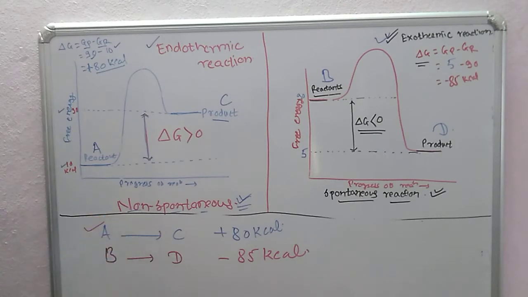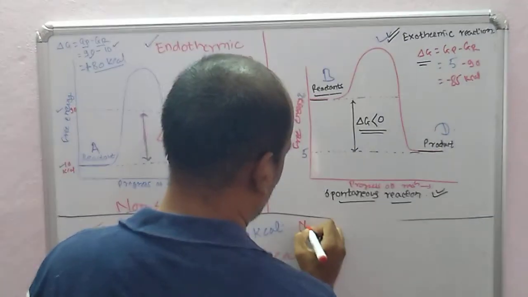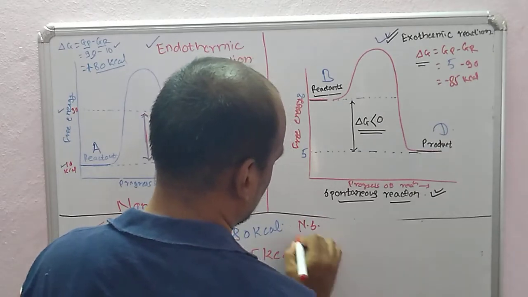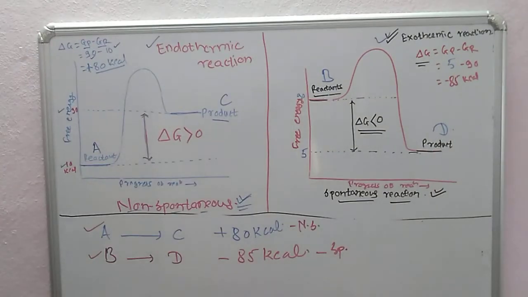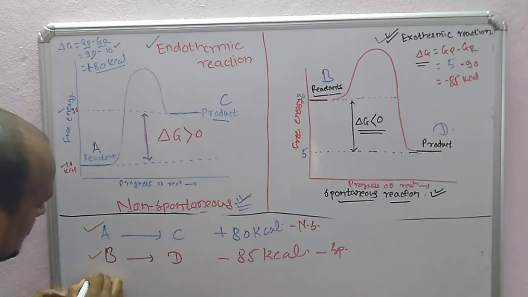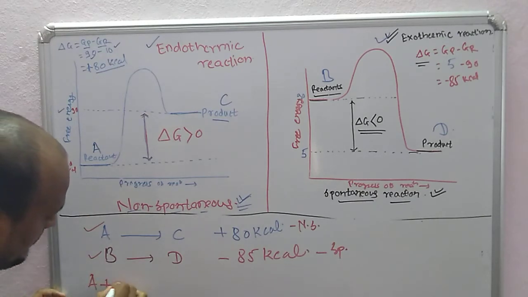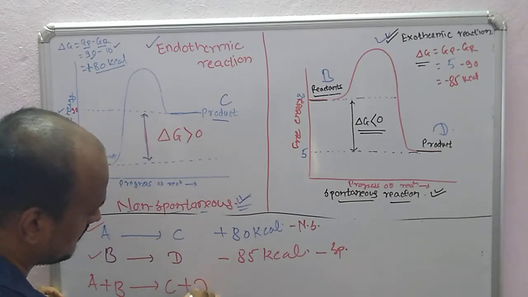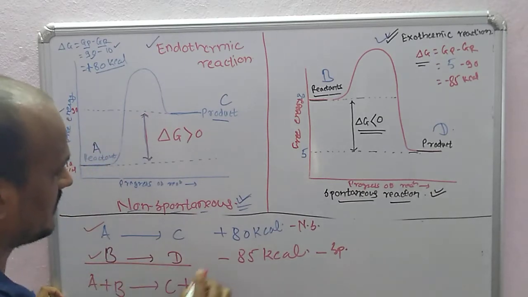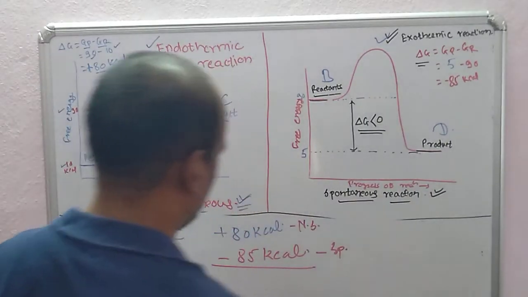For this reaction to progress, it requires energy, and the B to D conversion can happen very easily. So this one is a non-spontaneous reaction, and this one is a spontaneous reaction. What we can do here is coupling. We can do A plus B getting converted into C plus D. These two reactions we can combine and calculate the energy difference also.